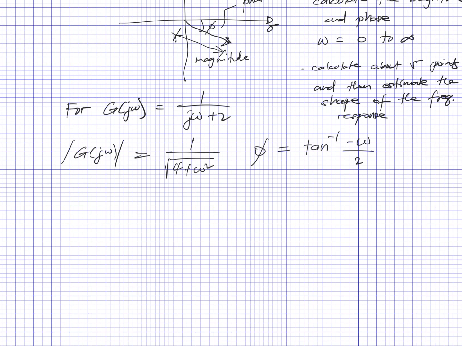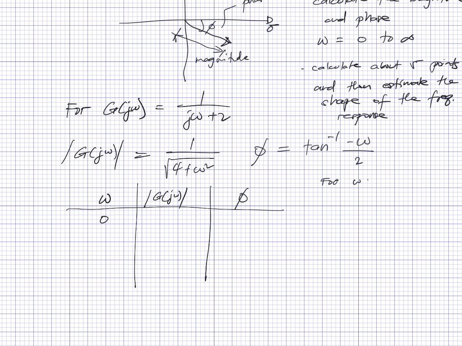So for omega, and then we have the magnitude. Then we have the phase angle. So for a frequency of 0 radians per second, let's write that there.